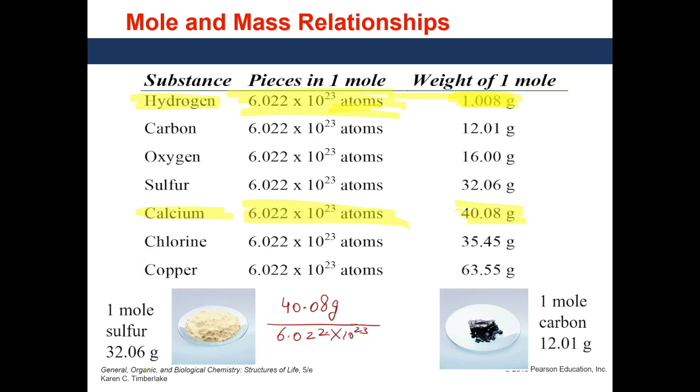So this would be grams per atom, meaning the weight of one atom in grams. Alright, so that is how you can relate molar mass to number of atoms, or molar mass to number of moles of a substance or an element.